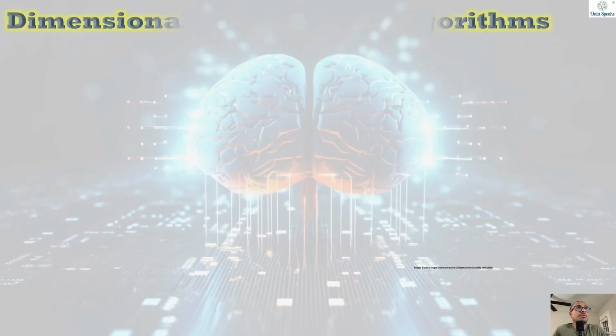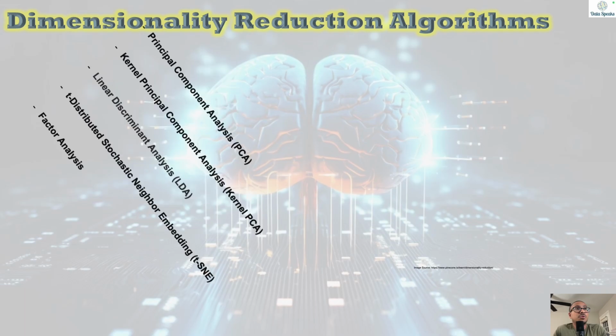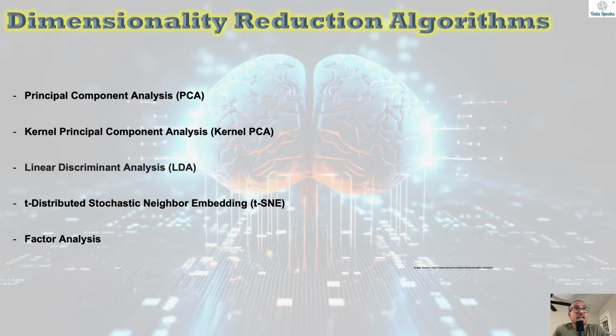Now, the next topic we want to talk about is what are the different algorithms except PCA and t-SNE. So here is the list of dimensionality reduction techniques that will help you get lower dimensional data from a very, very high number of dimensions or columns in your data set.